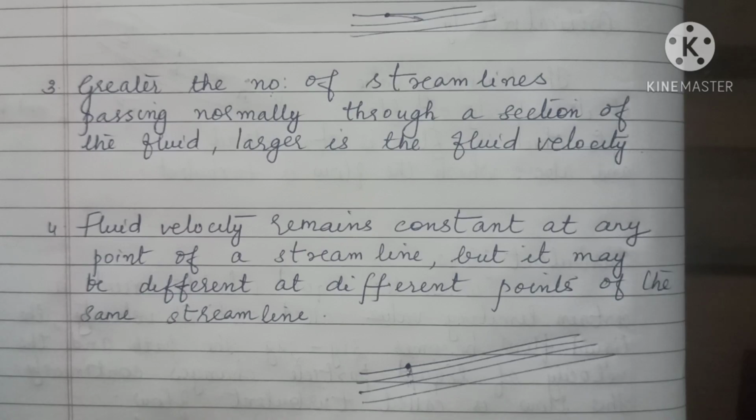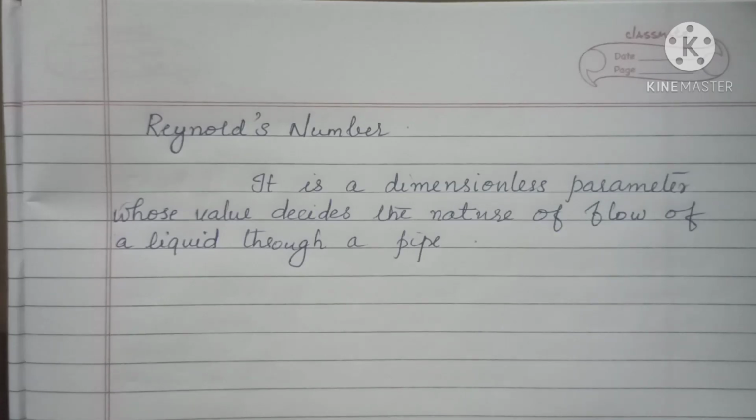Understand? So the next term is Reynolds number. It is a dimensionless parameter whose value decides the nature of flow of a liquid through a pipe. That means if you know the value of the Reynolds number, you can identify whether the flow is streamlined or turbulent.